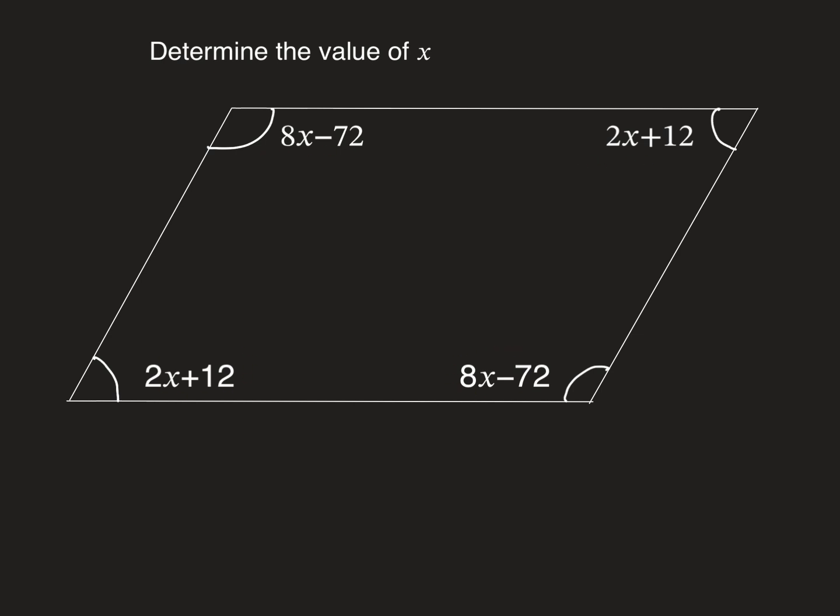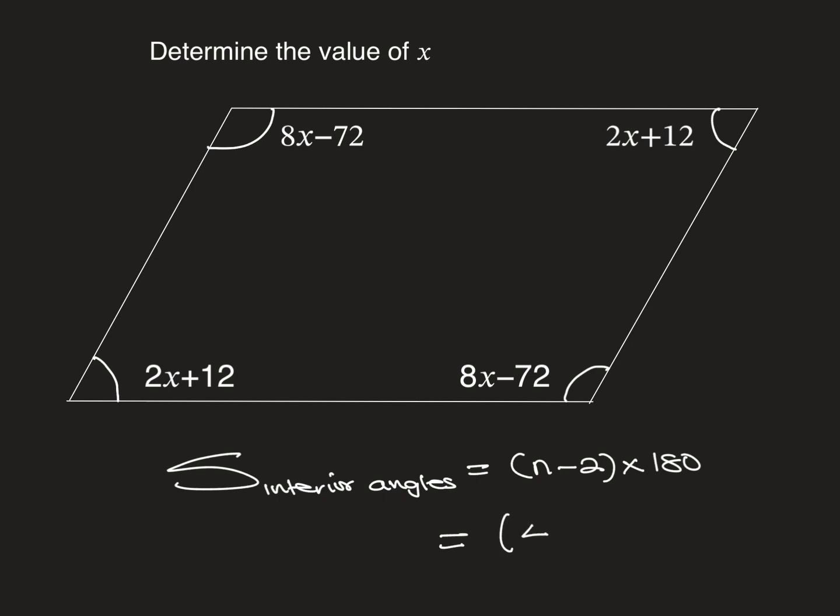And the formula is the sum of the interior angles is equal to n minus 2 times 180, where n is the number of sides. So n here will be 4 minus 2 times 180.